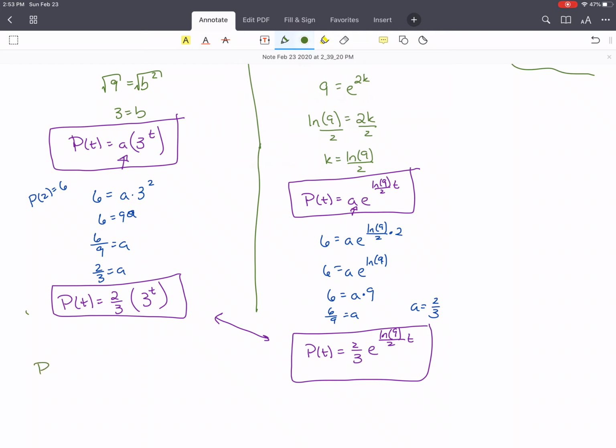So after 10 hours, I can just plug in 3 to the 10th. So if I plug that into my calculator, then I would get 2 times 3 to the 9th.